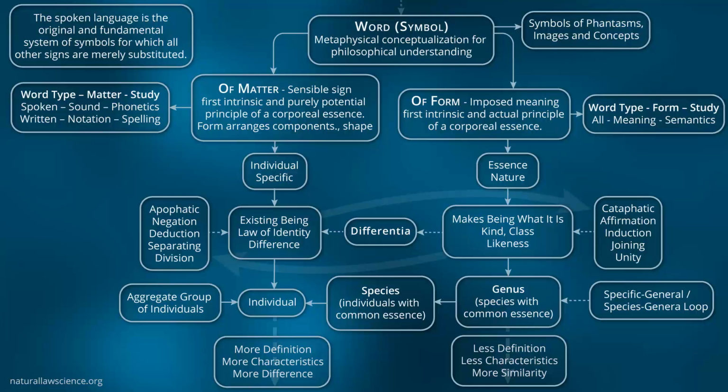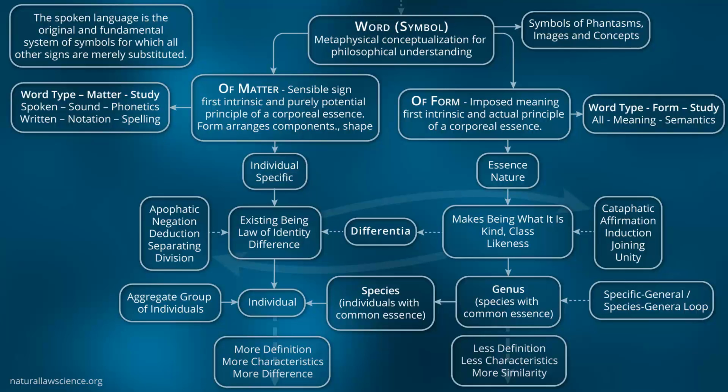So the word is a symbol. It's a metaphysical conceptualization for philosophical understanding. So in the conceptual understanding, these are the phantasms, images, and concepts in our mind. There are 2 parts to a symbol, the word and symbols.